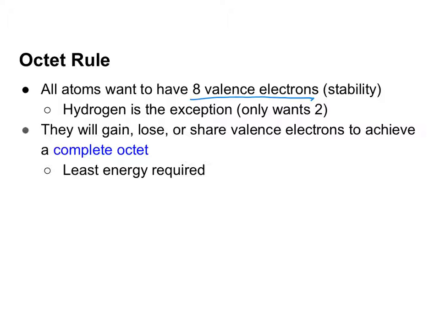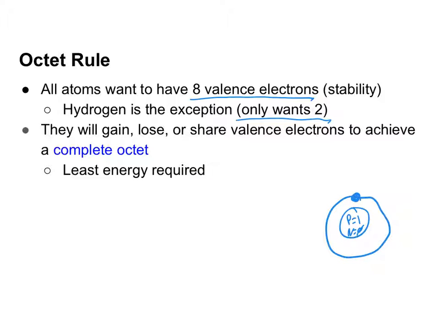We have one exception to this, and that's hydrogen. Hydrogen only wants 2, which makes sense, because if we look at hydrogen, we have our protons and neutrons in the middle: protons, there's 1, neutrons, there's 0, and then we have our orbital.